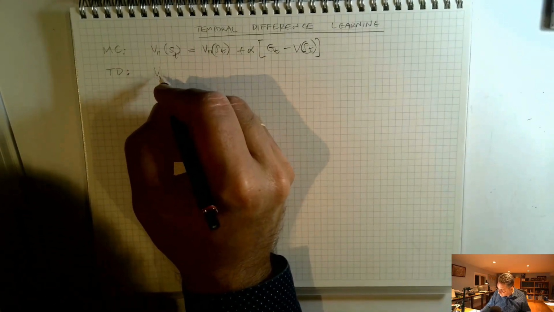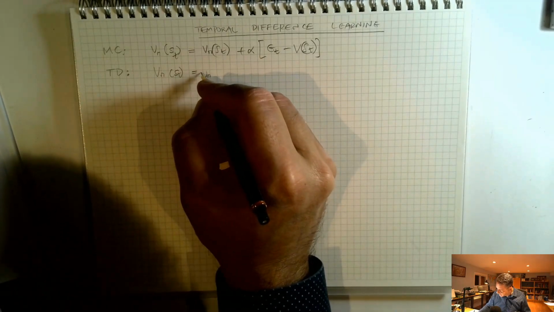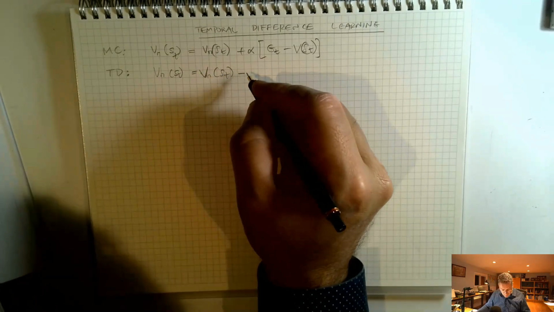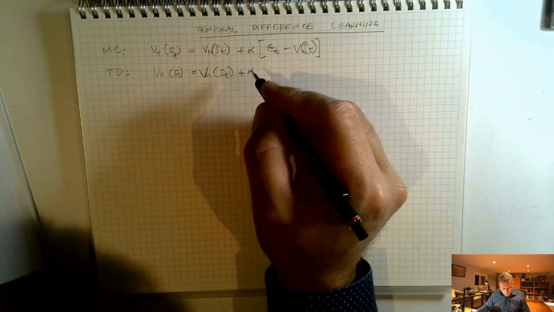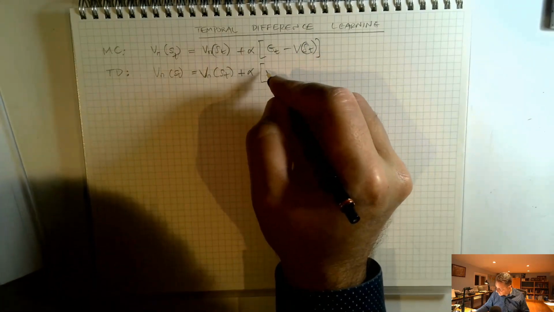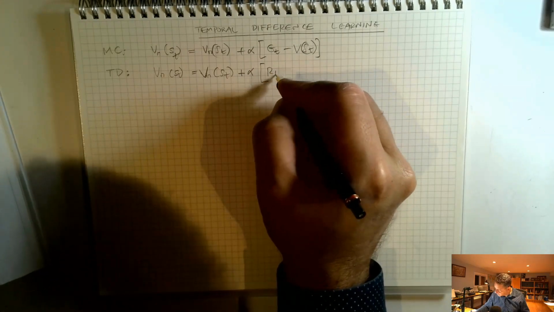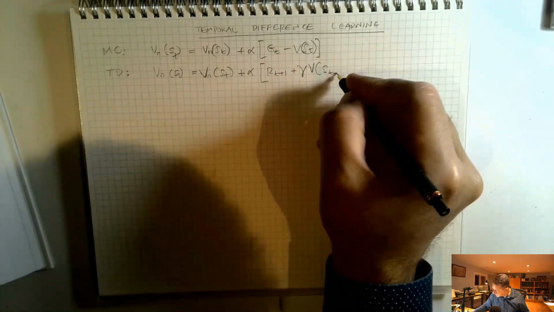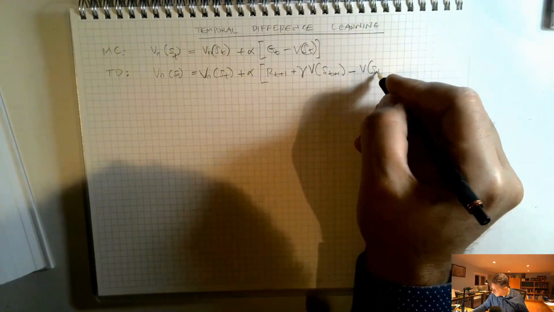The equation becomes V pi of st is equal to V of st plus alpha of the following: R t plus 1 plus gamma V of st plus 1 minus V of st.